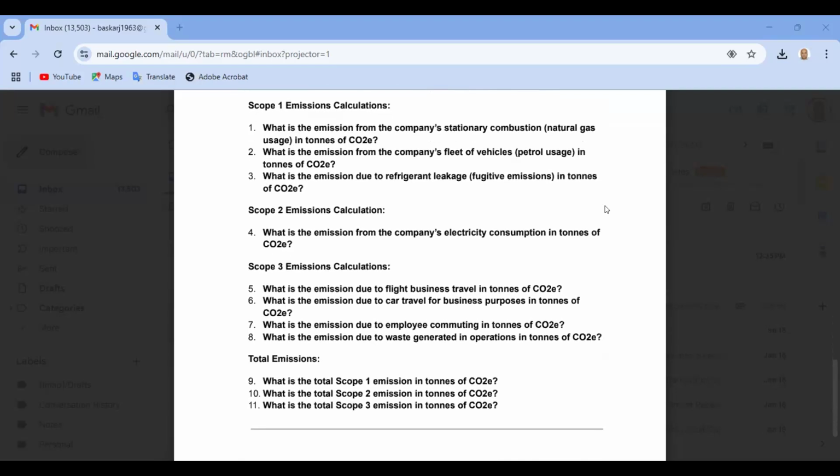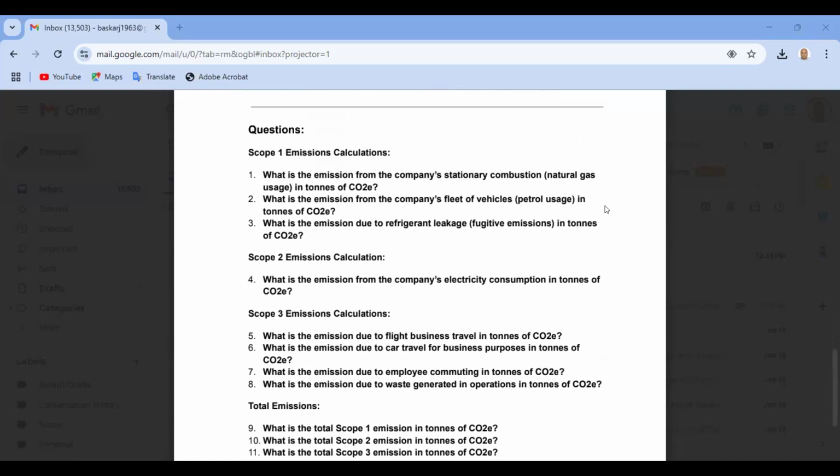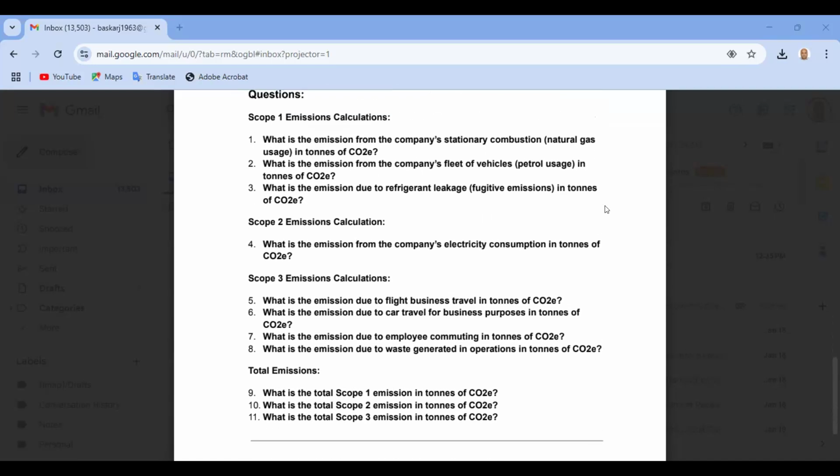Questions. The first one is, what is the emission from the company's stationary combustion natural gas usage in tons of CO2 equivalent? The second one is, what is the emission from the company's fleet of vehicles, petrol usage, in tons of CO2 equivalent?